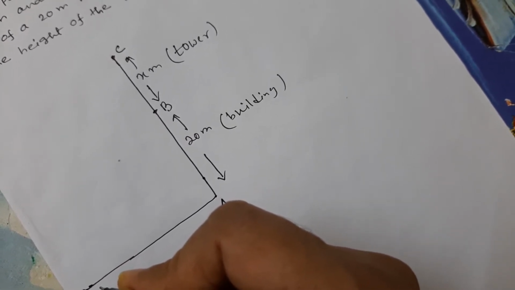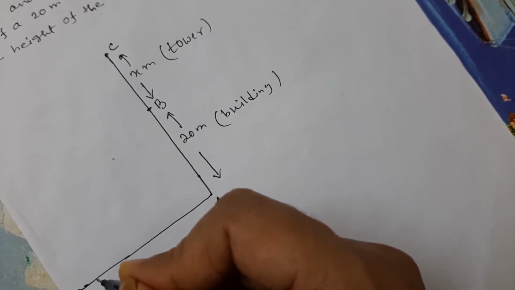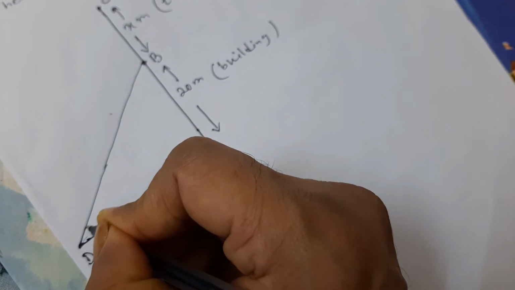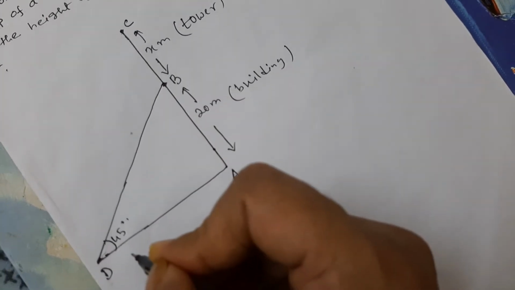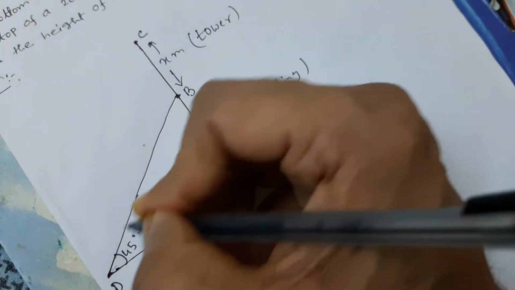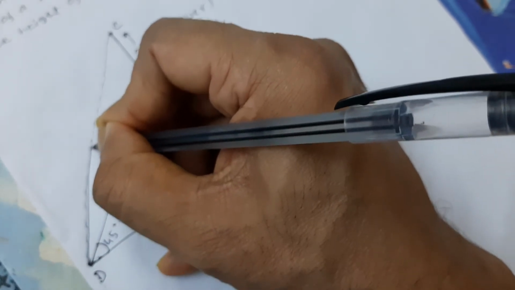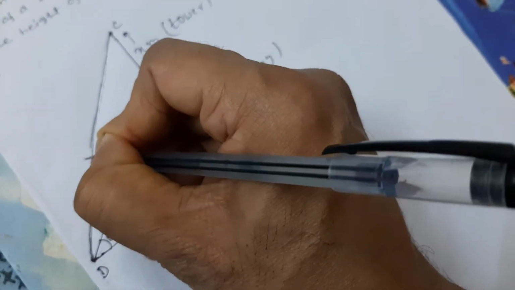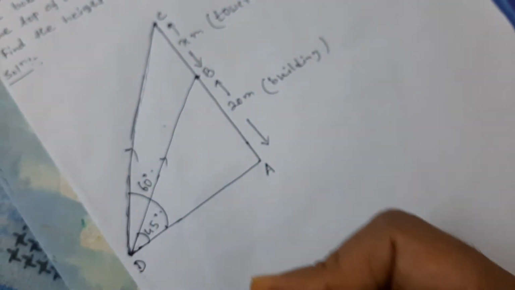The angle of elevation of the bottom and the top: the bottom angle is 45 and top angle is 60 degrees. So first join D and B. This angle is 45 degrees. Then for the top, join D and C. The top angle of elevation is 60 degrees, that means total angle is 60 degrees, always with the base angle included.